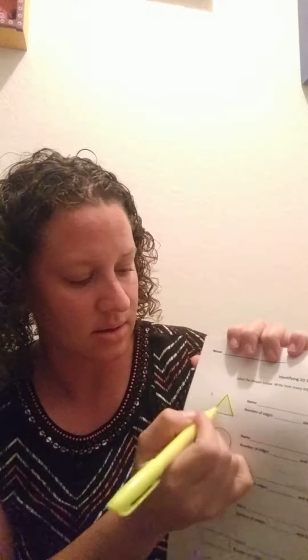So you'll just take your yellow highlighter and mark the edges. And then the vertex, we'll do just a little pink dot. So we can see that the triangle has 3 edges and 3 vertices, which will help us answer right here, number of edges and number of vertices.